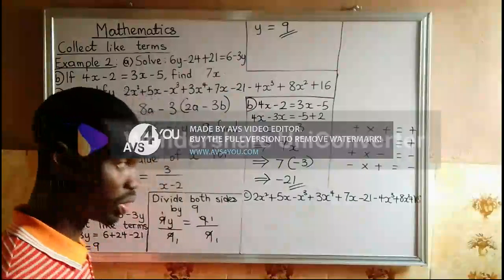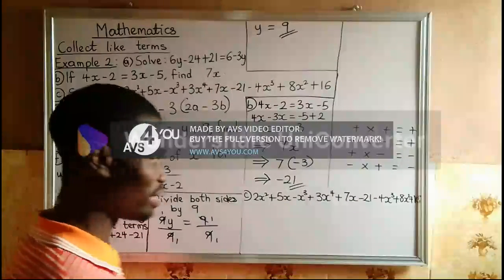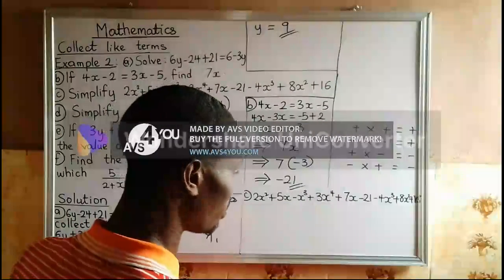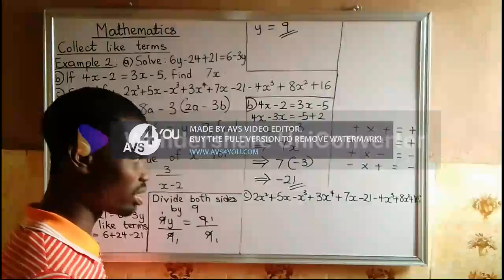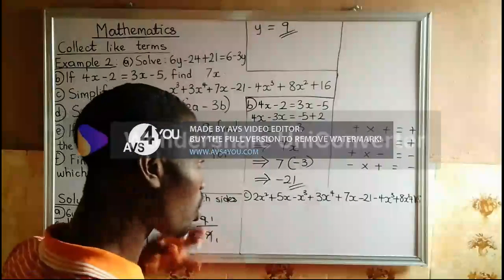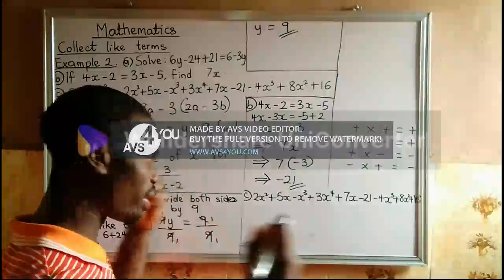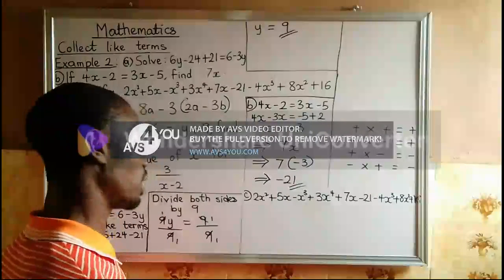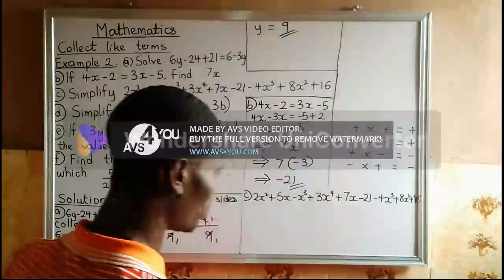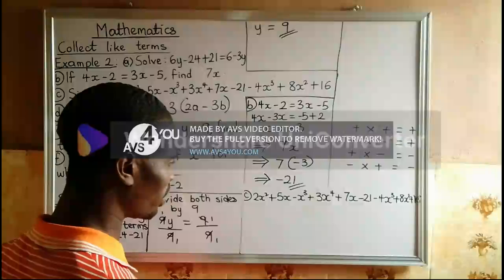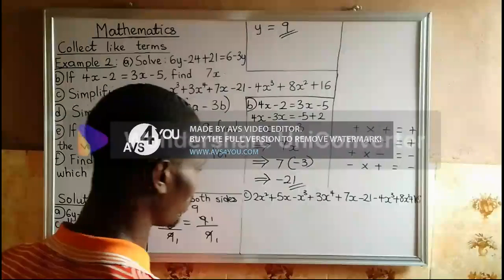Of course, it's not an equation, so we won't be dividing both sides by anything. So the right thing to do here is to just collect the like terms. Okay, there are terms that look alike here, even though all of them look alike, but not exactly.